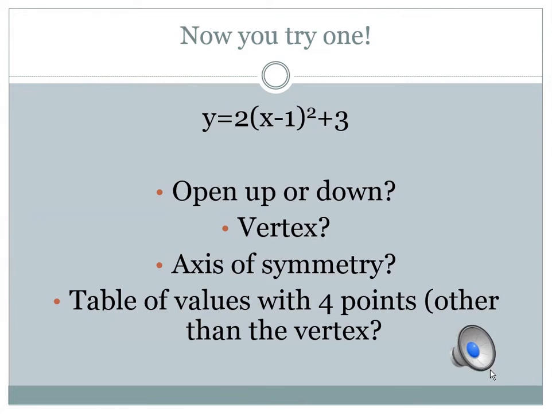If a is positive, the parabola opens upwards and the vertex is the minimum. If a is negative, the parabola opens downwards and the vertex is the maximum. So they will identify h and k as well as a. Using those three, they will identify whether the parabola opens upwards or downwards, the maximum and minimum point, the vertex, and the axis of symmetry.